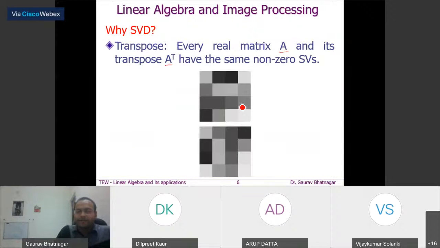Let me take a very simple example. Let me say this is my given image A, and this is my image A transpose. Now look at what you do when you convert A to A transpose. I take the first row and make it the first column. So this is going to be a horizontal line, and this is going to be a vertical line.